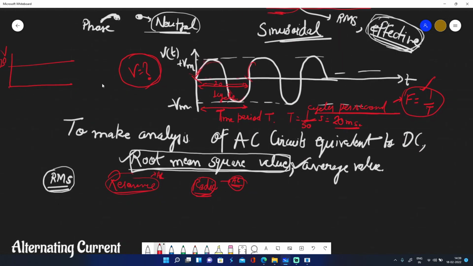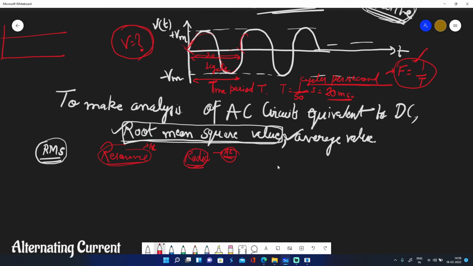Although, for storing electrical energy, it can be stored only in batteries, and that form is DC only. AC can't be stored. We need to convert it into DC and store it. Batteries are for that.